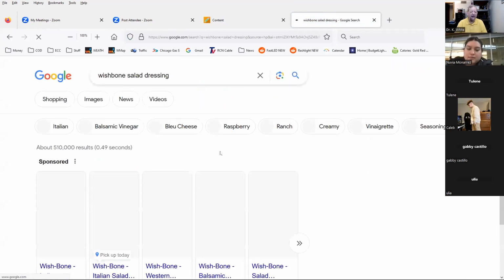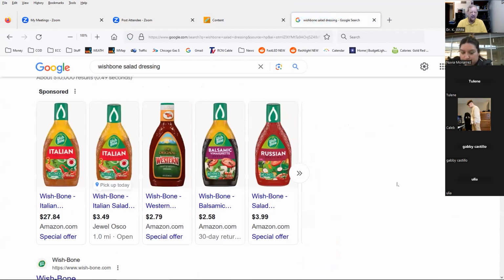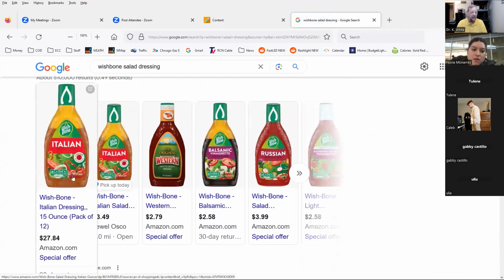Now, this was my mother's favorite Wishbone salad dressing. Everybody see that picture on the screen here? If you look at this bottle where it says Italian, you'll see there's two layers there. Italian dressing is an oil vinaigrette dressing. Oil meaning vegetable oil, vinaigrette. Vinegar is a mixture of mainly water and something called acetic acid.